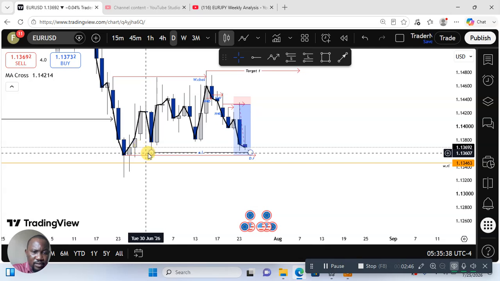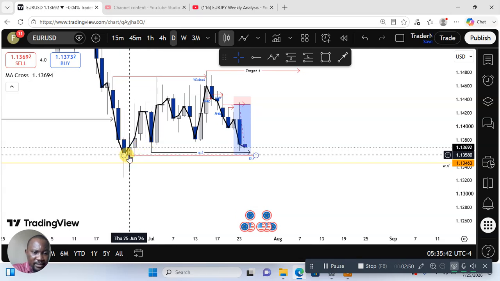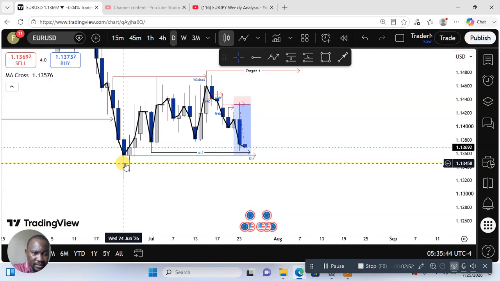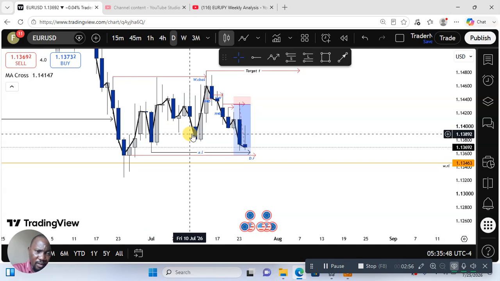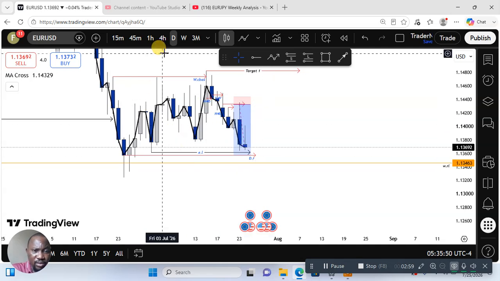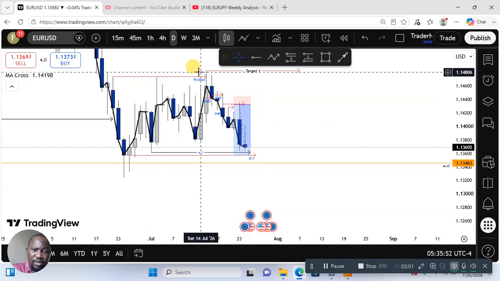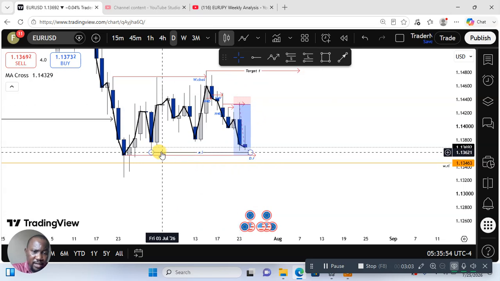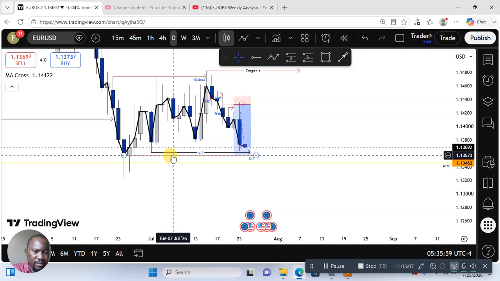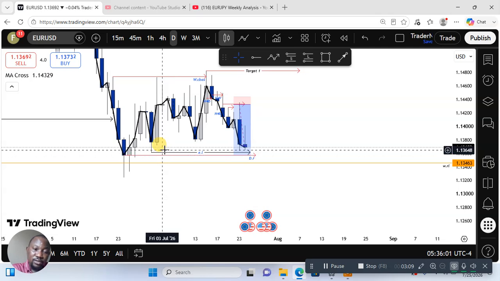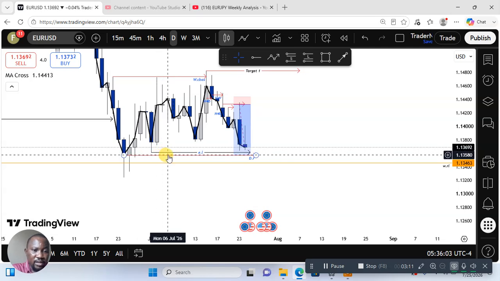If you look closely, this is a liquidity resting below that daily key level inside the weekly key level. Because we know price is going to retrace downwards, take out the liquidity and tap on the daily key level.